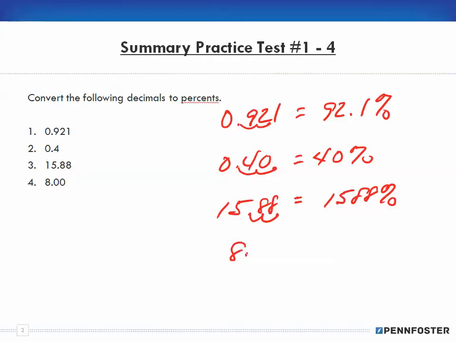And 8.00, even though there are 2 zeros after the decimal place, I have to move the decimal 2 places because it's not 8%, it's 800%. If you don't understand what I just did, go back to the first drill problems and watch those videos so you'll see the math behind them. This was just using the shortcut method of moving the decimal places.